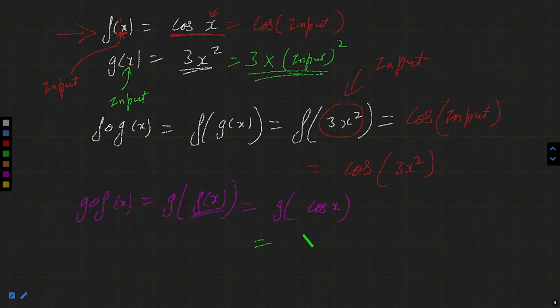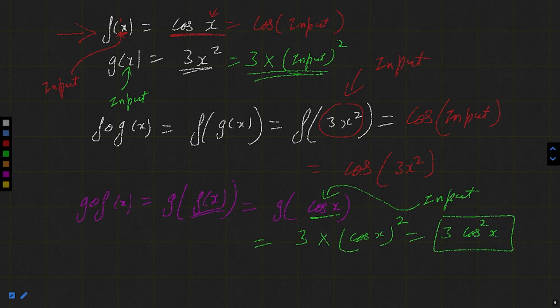So I will write 3 times the input square. Input is cos x. So cos x whole square, as you can see, 3 cos square x. So this is my gof, and this is my fog. As you can see, both are different functions.